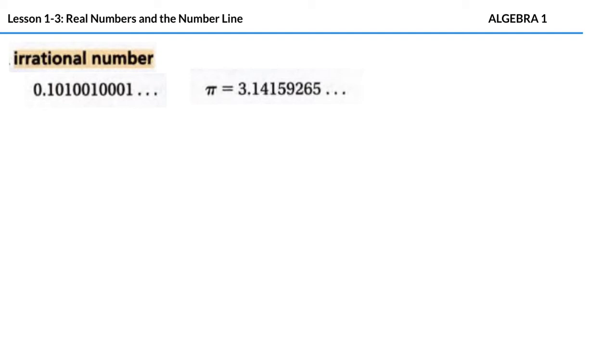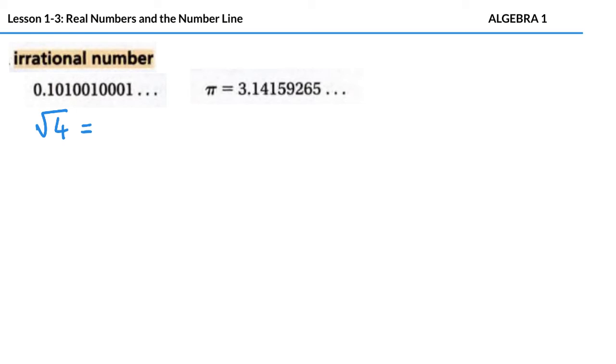Some square roots are rational numbers and some are irrational numbers. If a whole number is not a perfect square, its square root is irrational. Let's take for example the square root of 4. Is it a rational number or an irrational number?